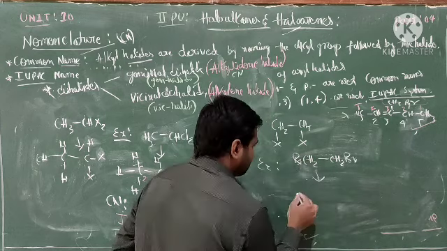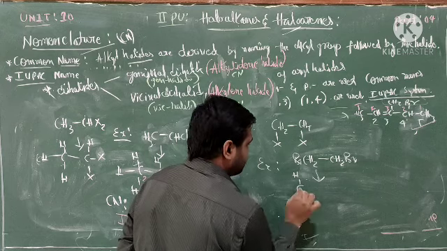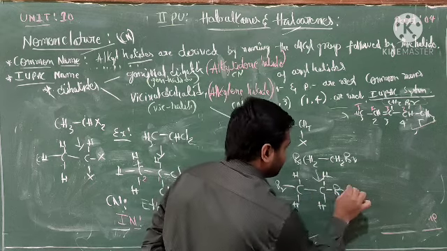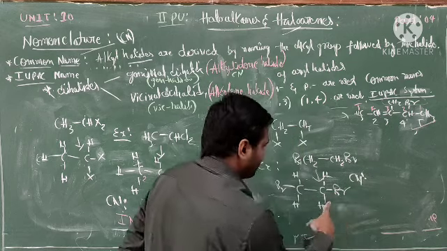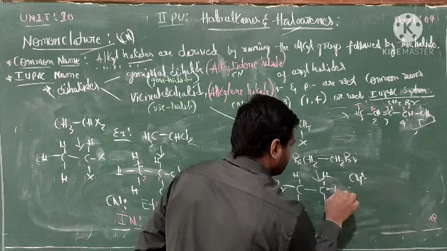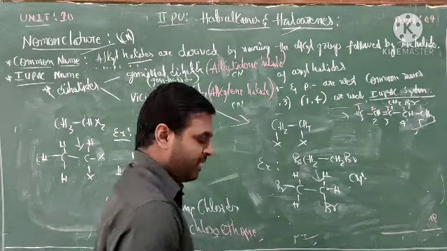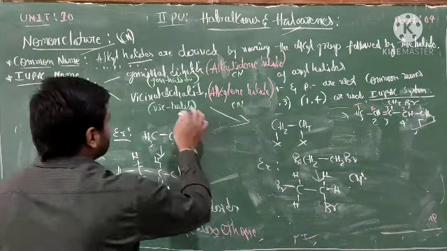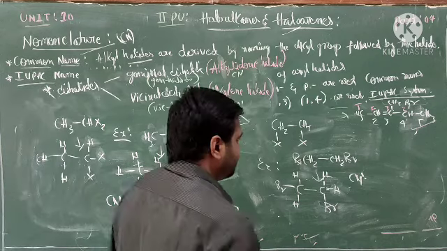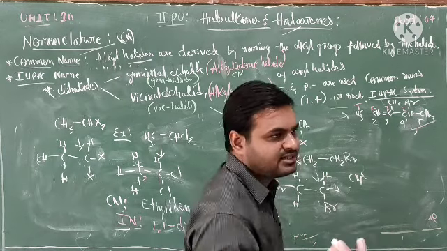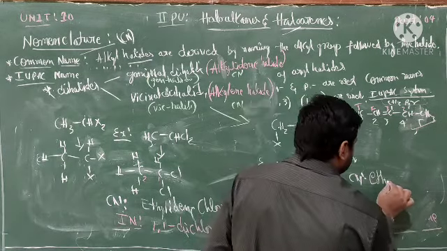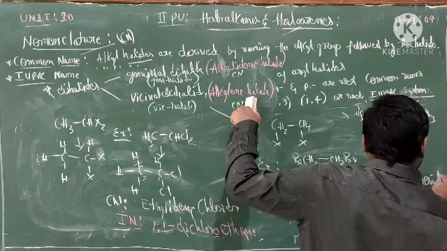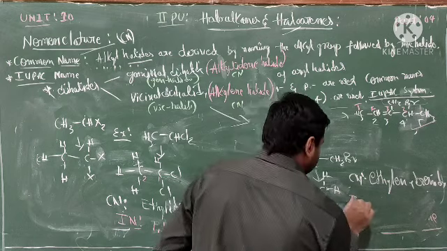They can write it like this: CH2Br and CH2Br. So the common name of this vicinal halide is alkylene halide. Two carbon atoms means ethane, so ethylene bromide.